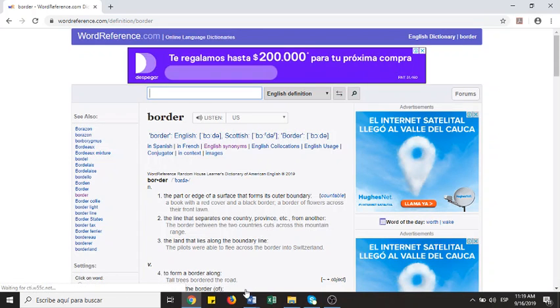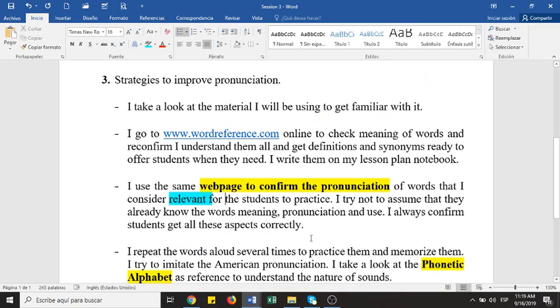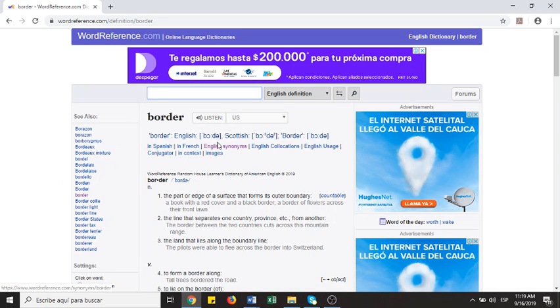Okay, something else that I do, I'm going to show you here in the information that I prepared for you, is that I repeat the words aloud several times to practice them and memorize them. I try to imitate the American pronunciation and I take a look at the phonetic alphabet as a reference to understand the nature of the sounds. So that's why here in WordReference, I can see the word border in English.